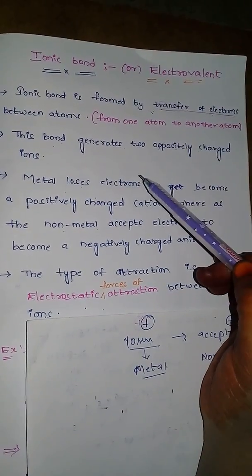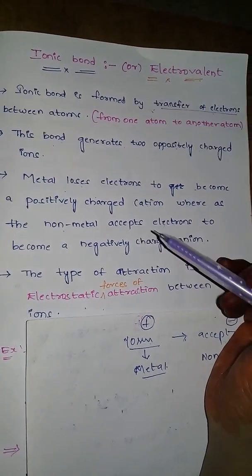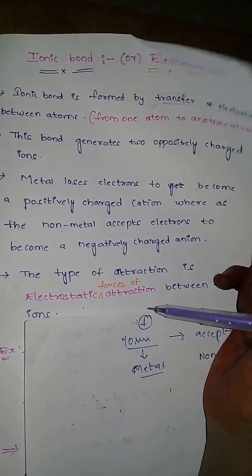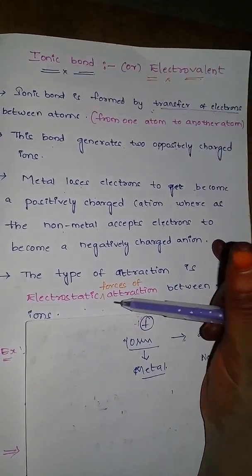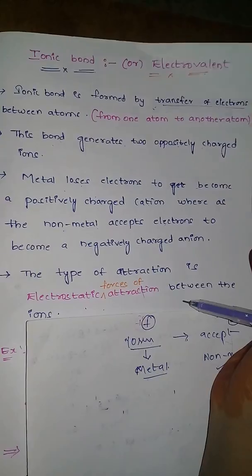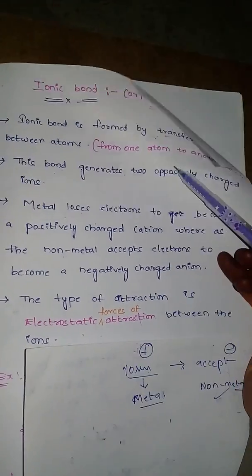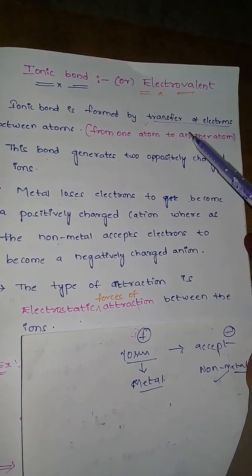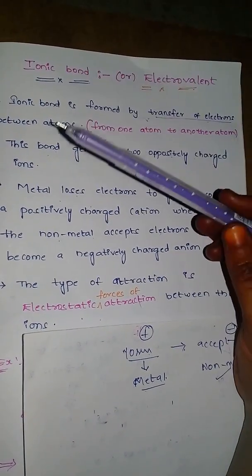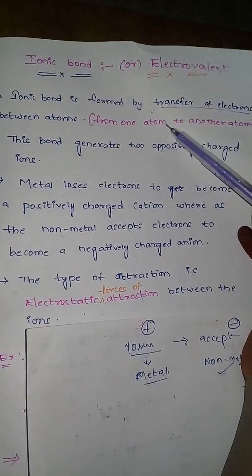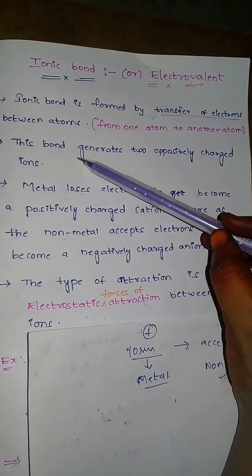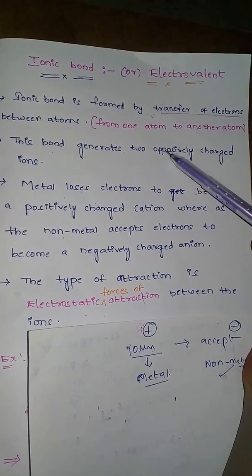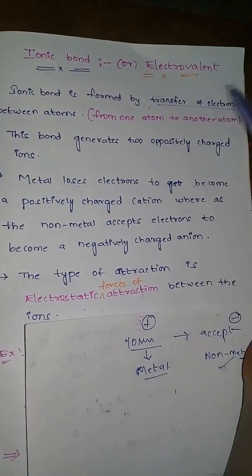But in covalent bond, which type of attraction is present? Intermolecular attraction is present. In ionic bond, electrostatic forces of attraction are present. So ionic bond is formed by transfer of electrons from one atom to another atom, and covalent bond by sharing of electrons. This bond generates two oppositely charged ions.